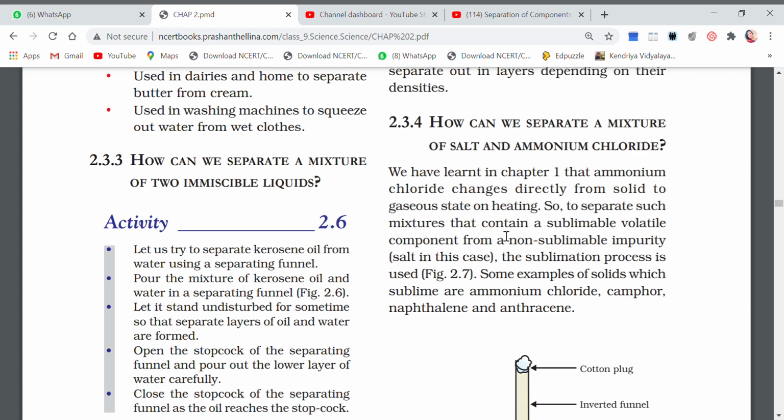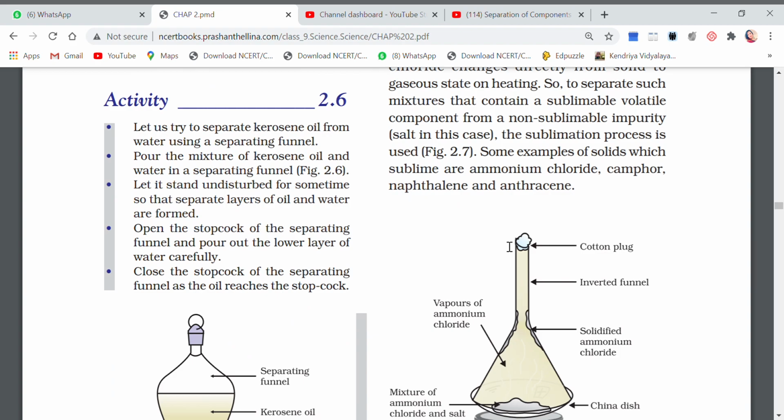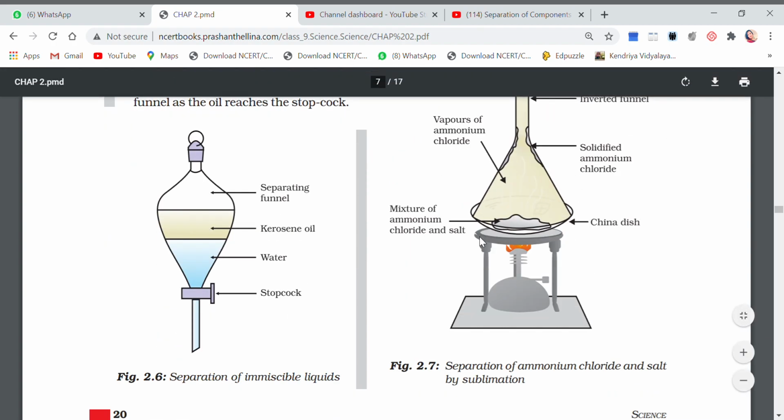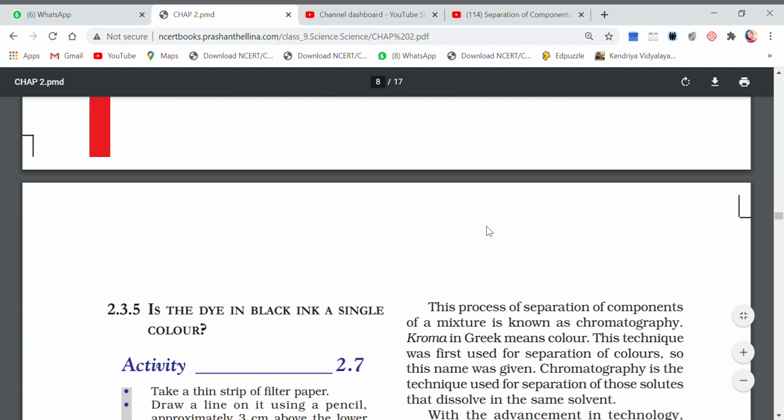Now children, let's begin the separation technique. As you have already seen the video, so it will be easy to understand now. Here also they have given you some examples of sublimates: ammonium chloride, camphor, naphthalene and anthracene. Now the whole setup you have seen, and the whole setup was same as was in the video you just saw.